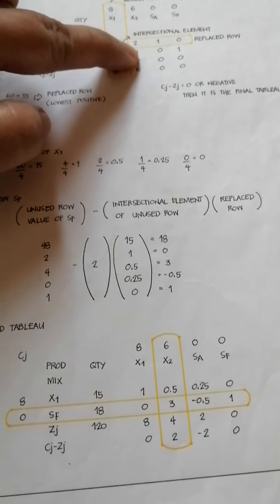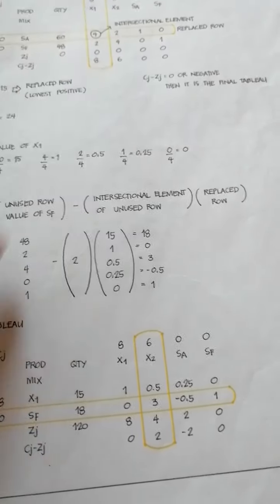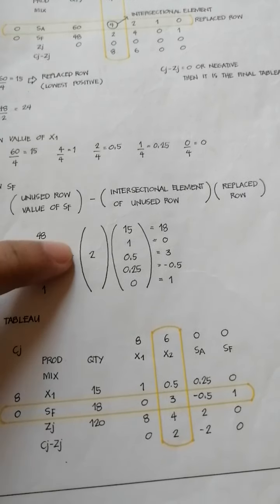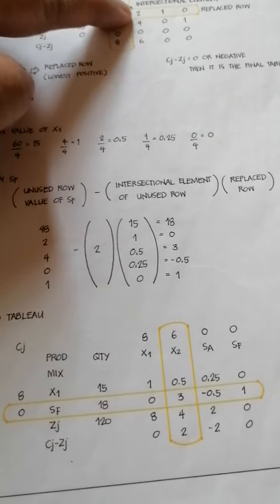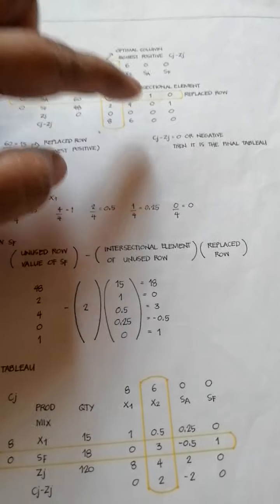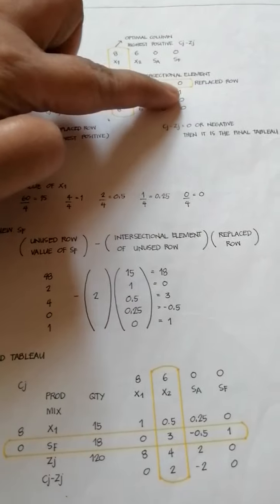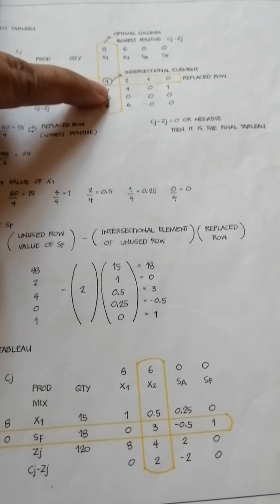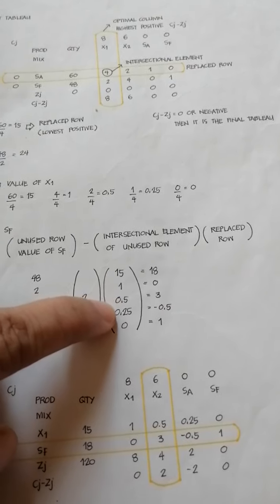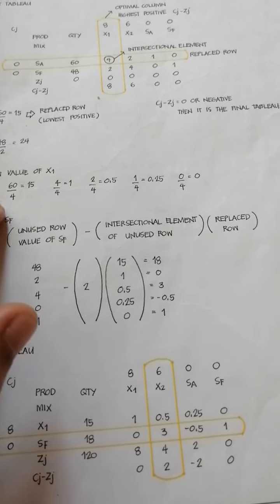So meaning you have 48, 2, 4, 0, and 1 minus the intersectional element, which is 2, between the optimal column and the SF, and then the replaced row, which is 15, 1, 0.5, 0.25, and 0.